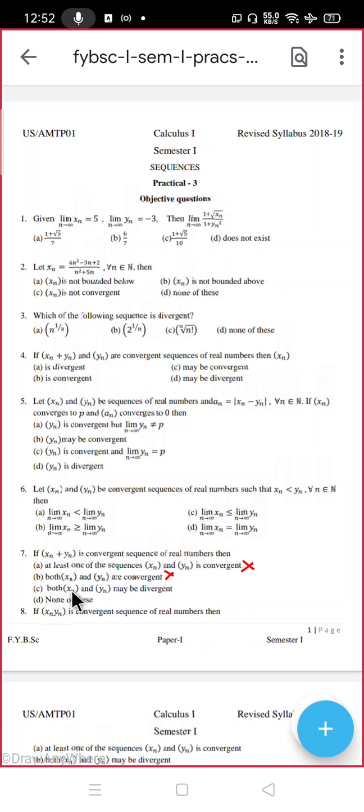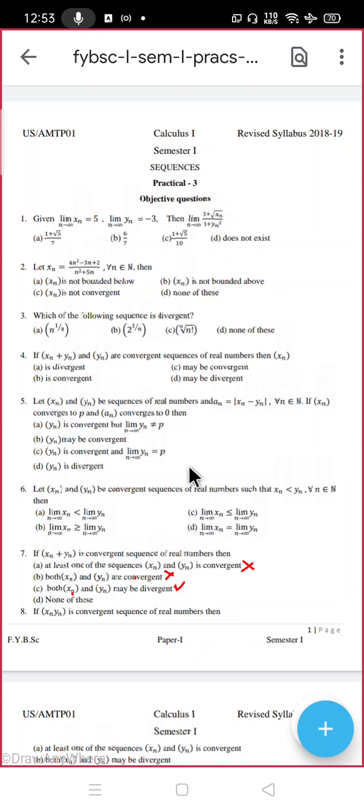Option C is saying x and y may be divergent. Maybe, but there is a maybe. Yes. So option C seems to be the correct one, no?